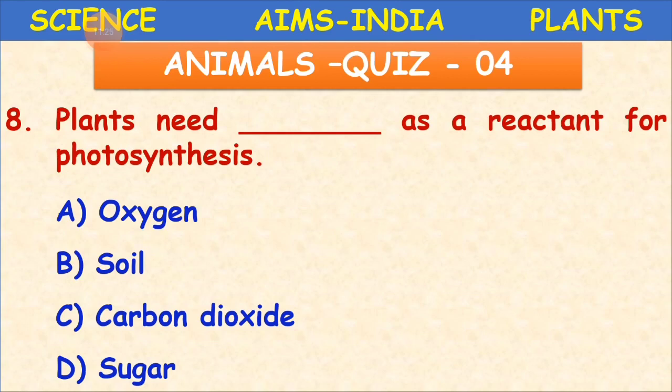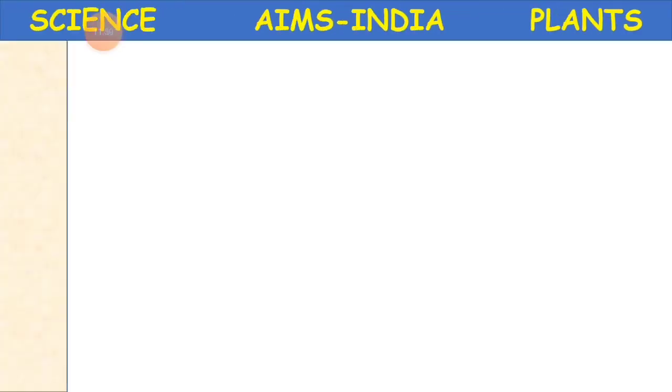What is your guess, A, B, C or D? Yes, it is C, carbon dioxide. Plants need carbon dioxide as a reactant for photosynthesis. Children, they receive carbon dioxide and they release oxygen actually. Okay, good. Then the next question.